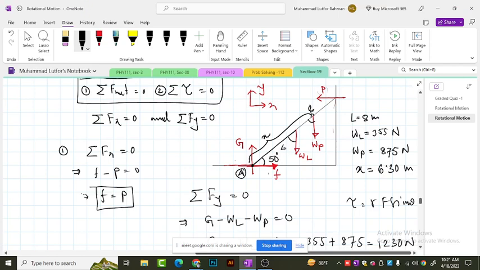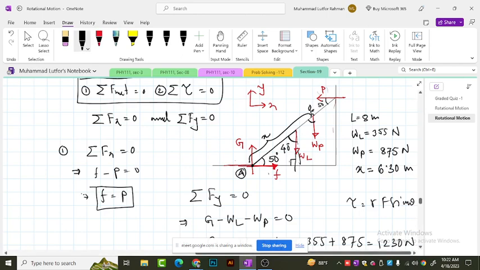Exactly, it should be 40. Because if you extend that one, this is 50, this would be that 90 over here. If you extend this would be the 90, then definitely this is going to be that 40. If it is 40, this would be 40. What would be that one? 50. It should be 50, because this is the alternate angle, right? This is going to be that 50 over here.